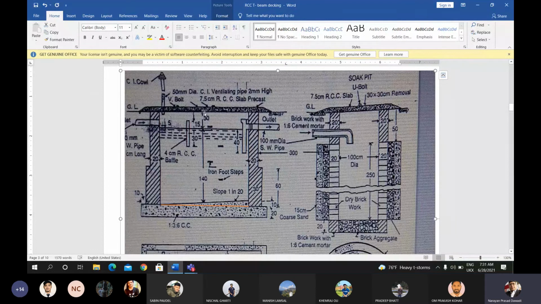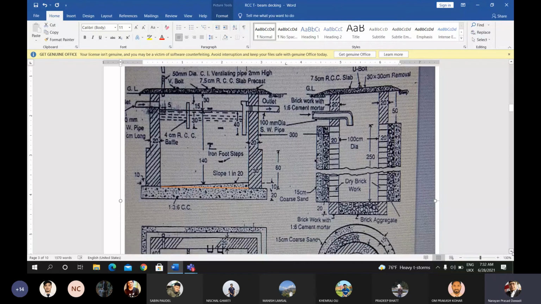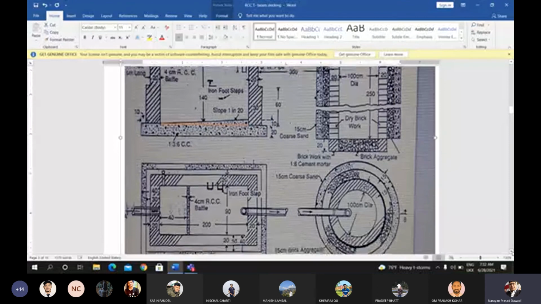Total height from ground level to the bottom of this PCC will be 30 plus 140 plus 5 plus 20. If you add all these values, you get 195 centimeter, which is converted into meter as 1.95. So I have calculated the height as 1.95 meter here.